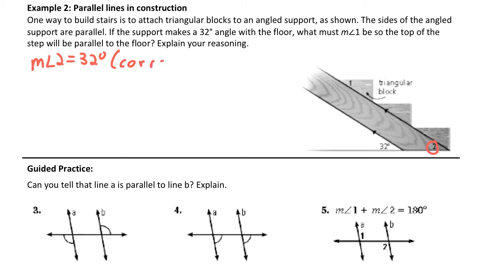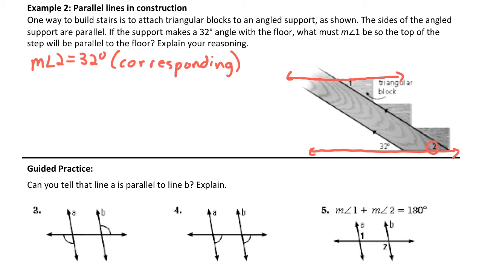So I'm just going to say they're corresponding. And if you're a good carpenter, if you're a good builder, the floor as a line will be parallel with the top step. So if we think of those as lines, those are parallel lines.